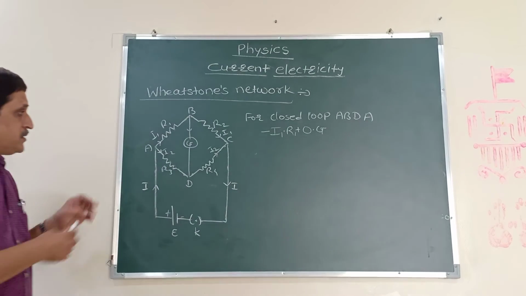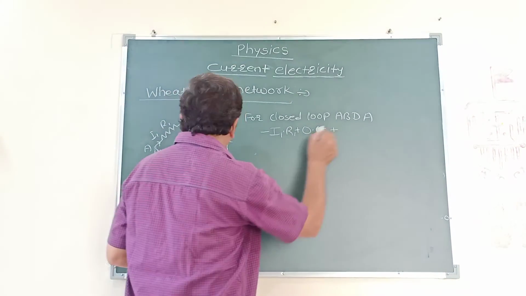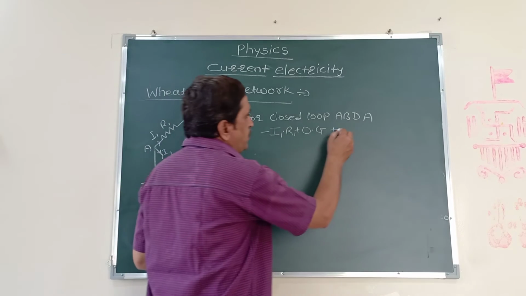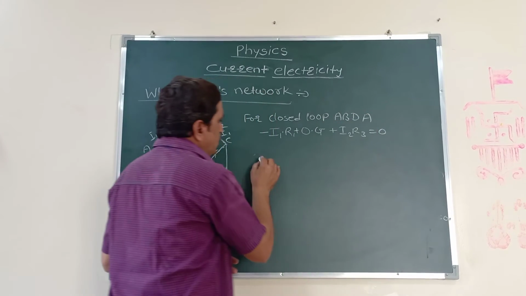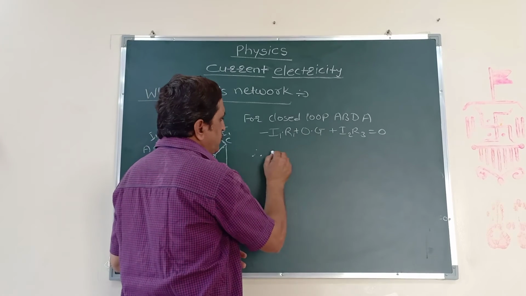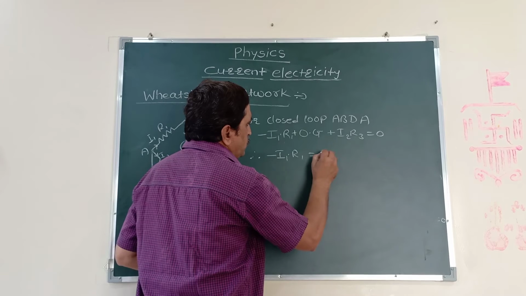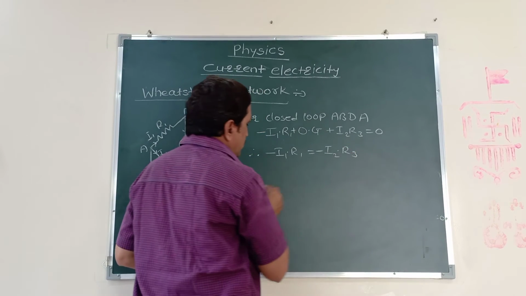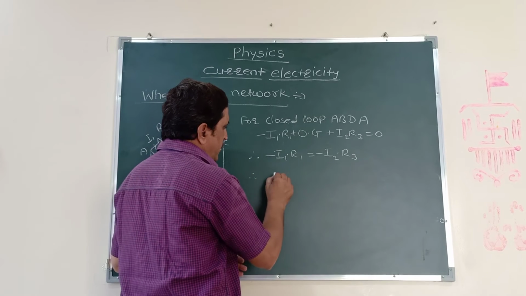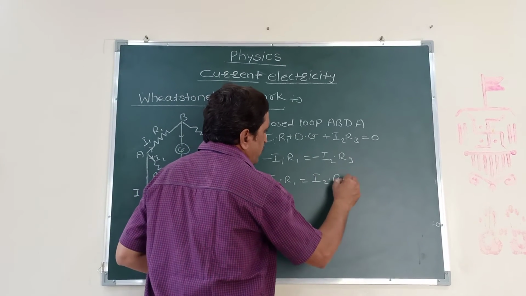In that case the product of current and resistance should be positive, that means we can write I2 into R3 is equal to 0. If we rearrange the terms, we can write minus I1 into R1 is equal to minus I2 into R3, and finally I1 into R1 is equal to I2 into R3.